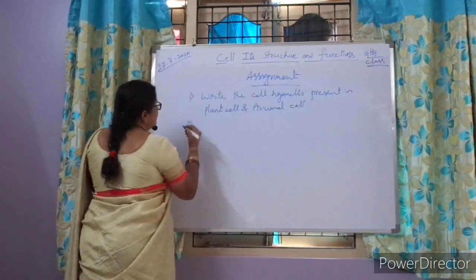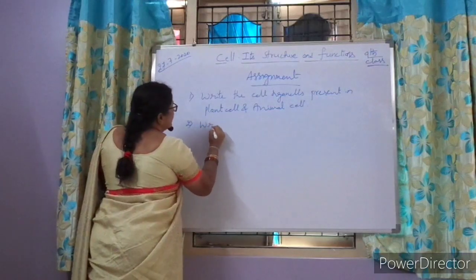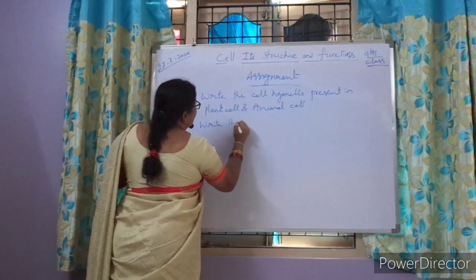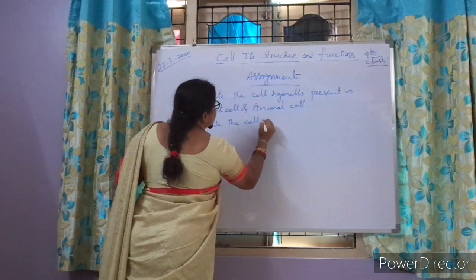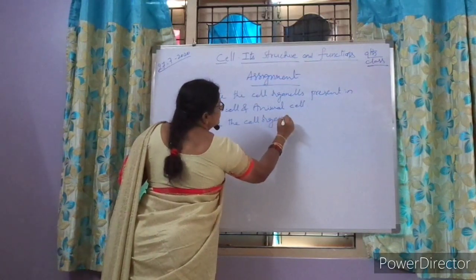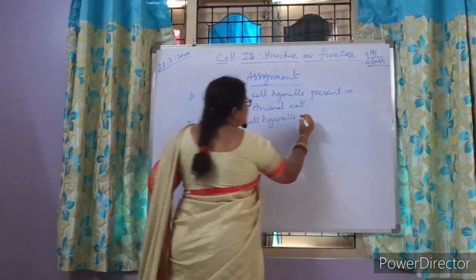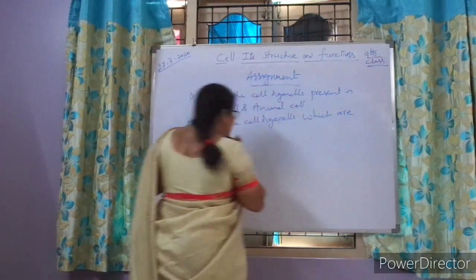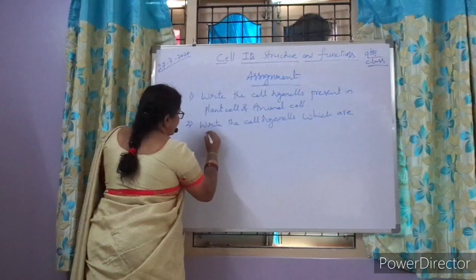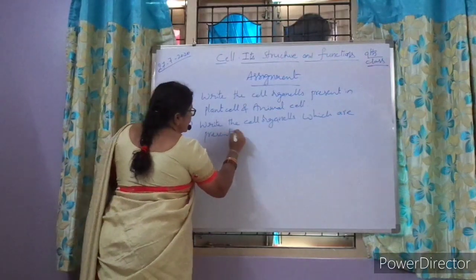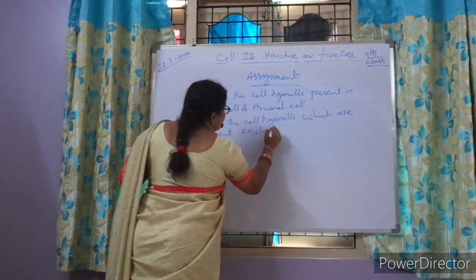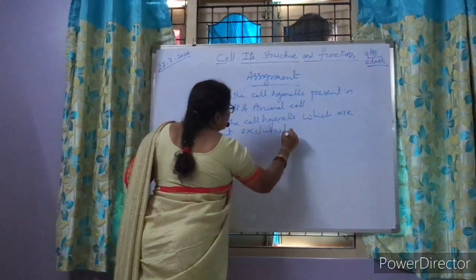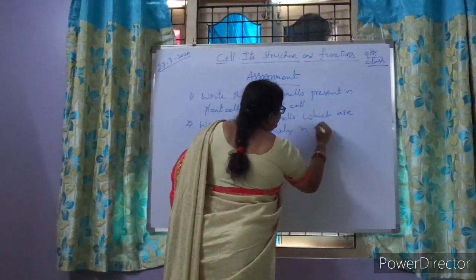Second question: write the cell organelles which are present exclusively in the plant cell.